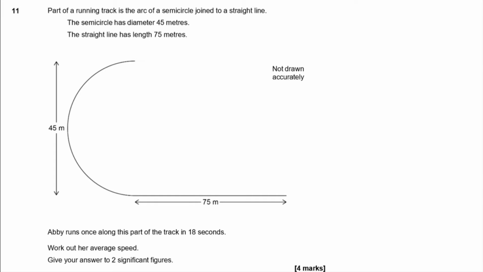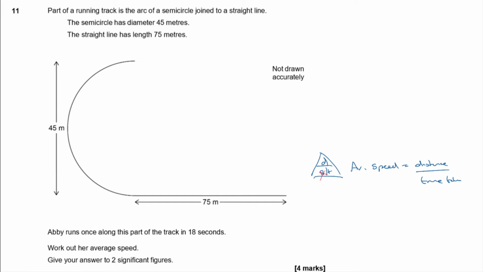Okay. Now, we should know average speed from the DST triangle. If I want to work out speed, then it's going to be distance traveled divided by time taken. So average speed equals distance traveled divided by time taken.